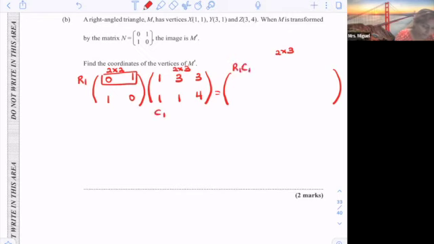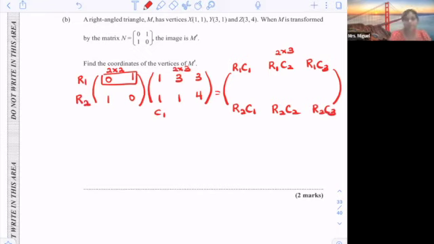Row 1 by column 1. Row 1 by column 2. Row 1 by column 3. Row 2, column 1. Row 2, column 2. Row 2, column 3. Try it. Multiply it and see what you get.